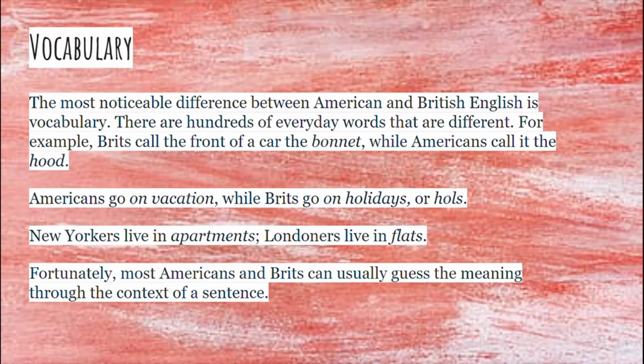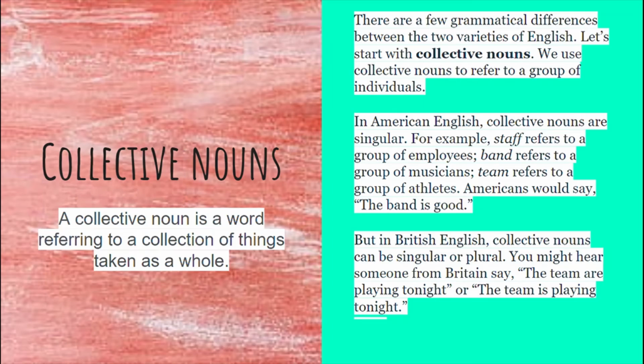Right, so next we're going to discuss some grammatical differences between British and American English. So first off, we have collective nouns. A collective noun is a word that refers to a collection of things taken as a whole.